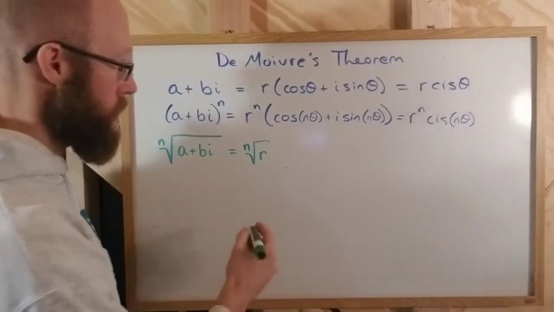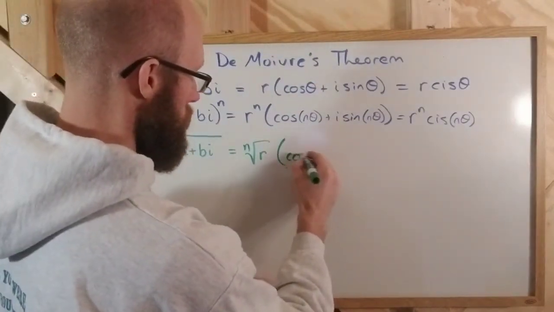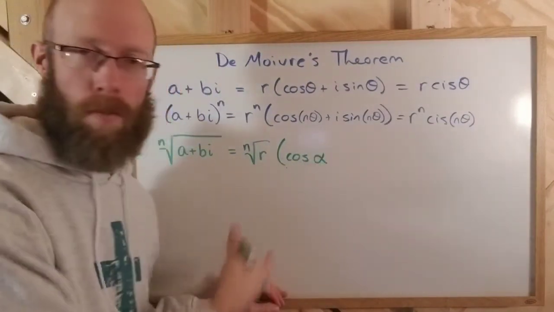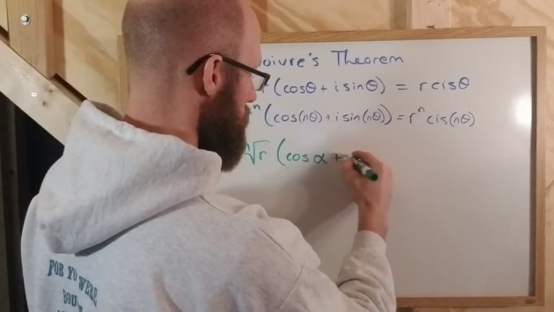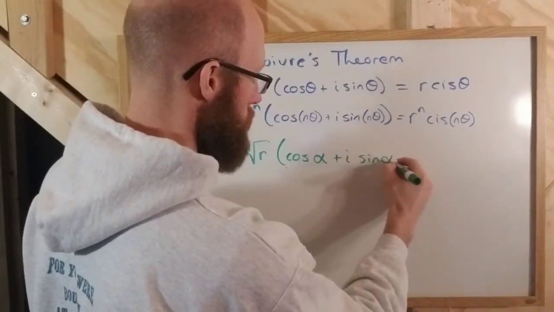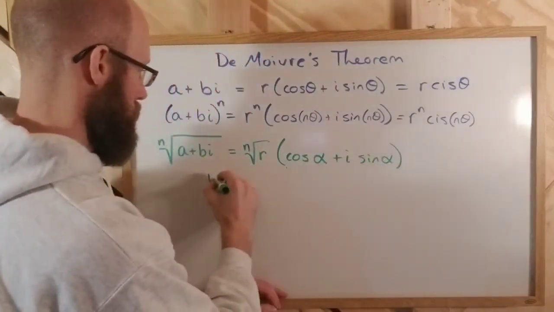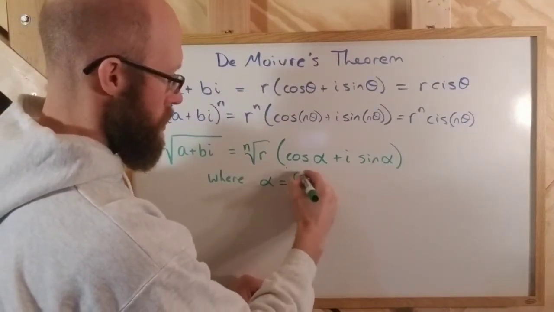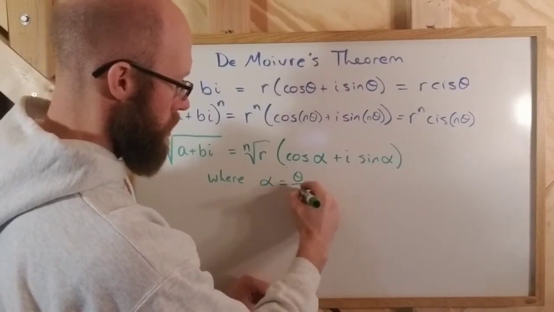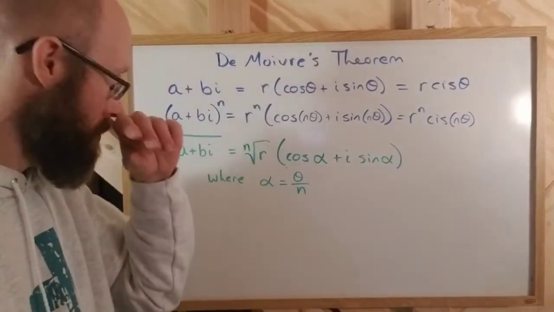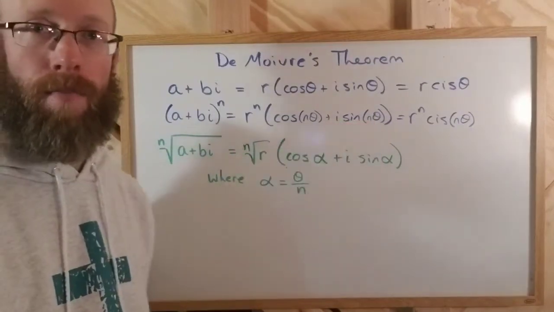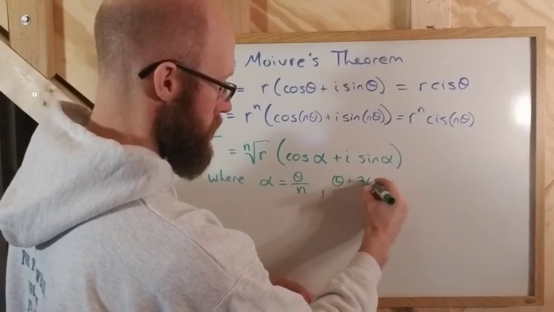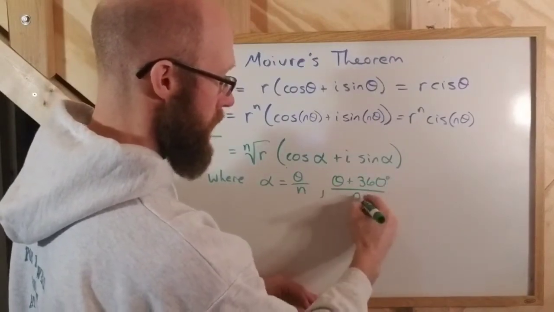Okay, so let me demonstrate this. So as we go, this is going to be cosine. Now, I'm going to write a dummy variable, and then I'm going to throw alpha in there for the angle, and I'll explain then what alpha is going to be, where alpha equals theta over n. So, right, you divide instead of multiply, but then you take theta plus 360, that gives you a coterminal angle, and divide that by n.